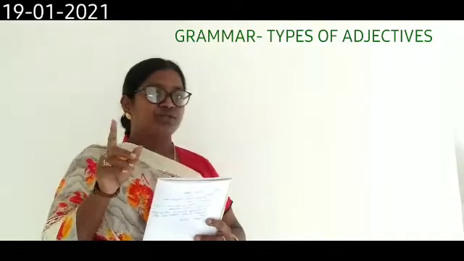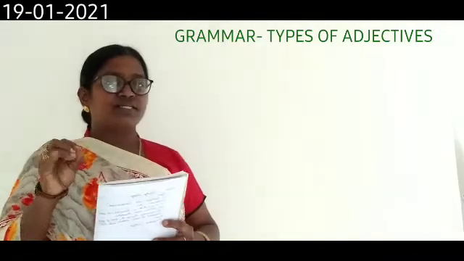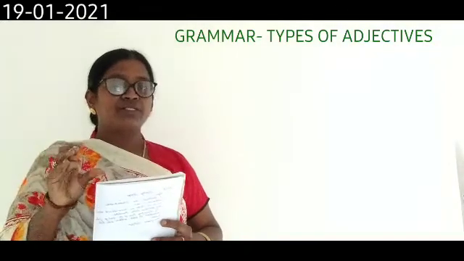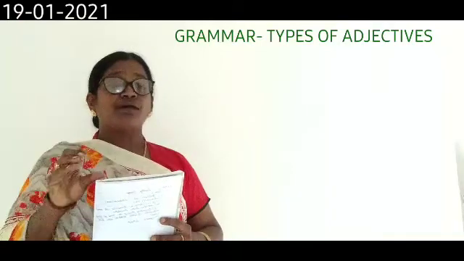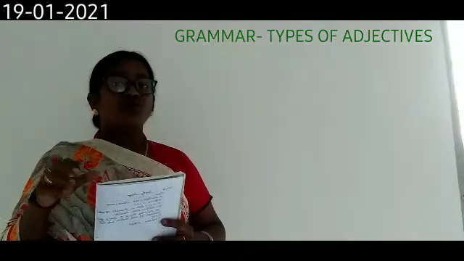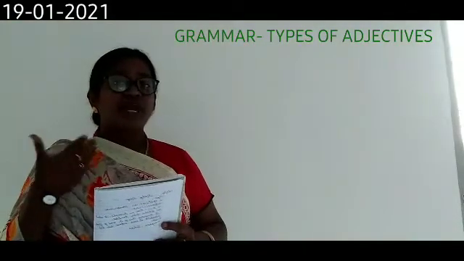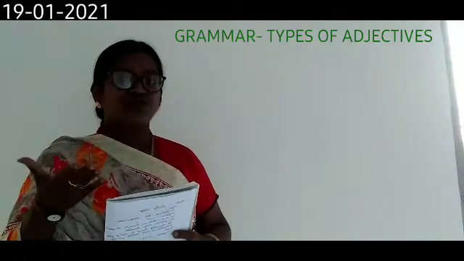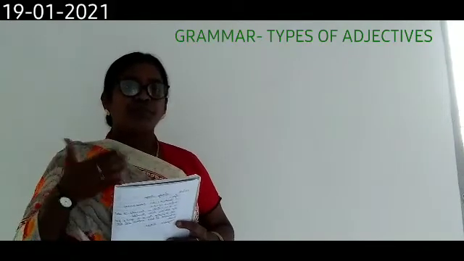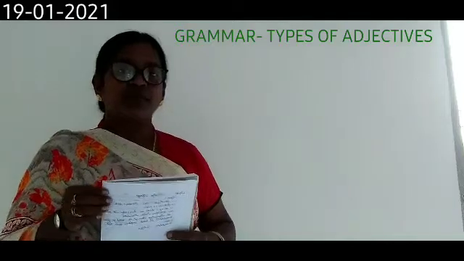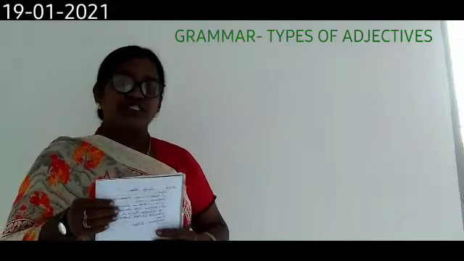So you understood qualitative adjective in the sense of the adjectives that help us to explain or narrate or to express the attitude of people. People's attitude also can be said using qualitative adjective.